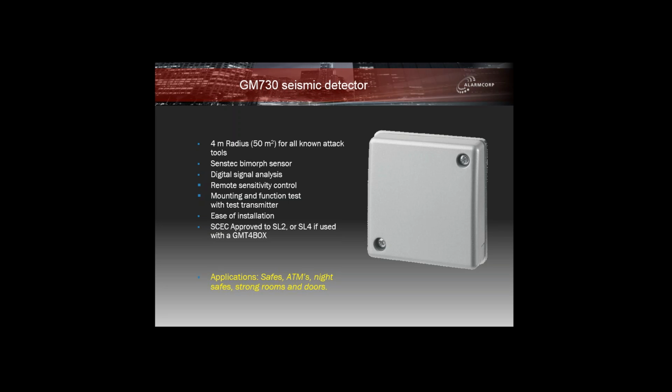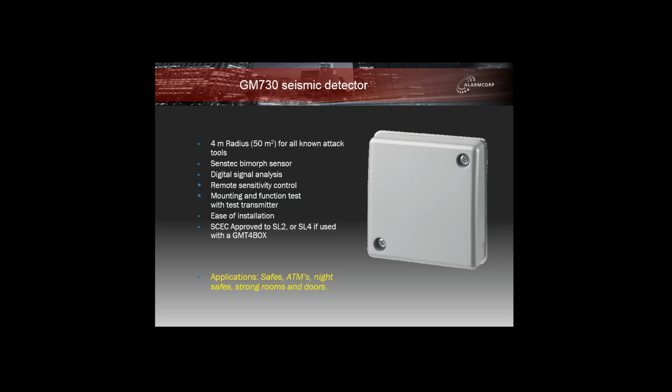Again, by attaching a wire to a terminal that says remote test, you have the ability of putting a voltage on that terminal from your alarm panel and having that test transmitter generate a signal through the safe or the vault or the wall or whatever the device is connected to for a period of time that the seismic will see, and if it's working correctly, generate an alarm and give an alarm output.